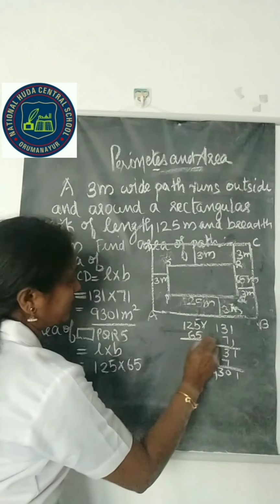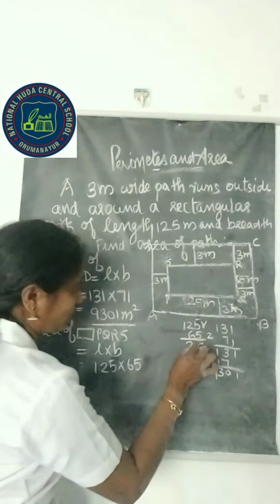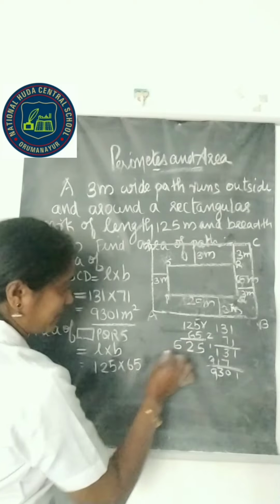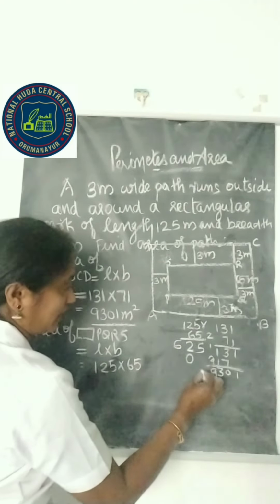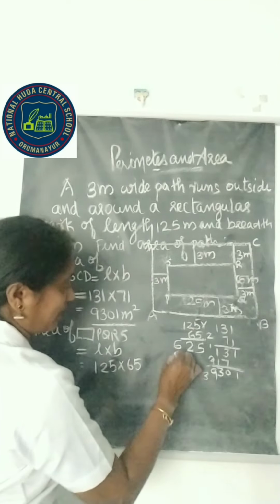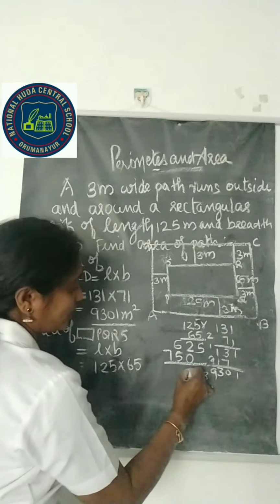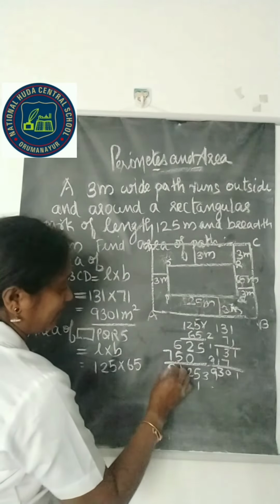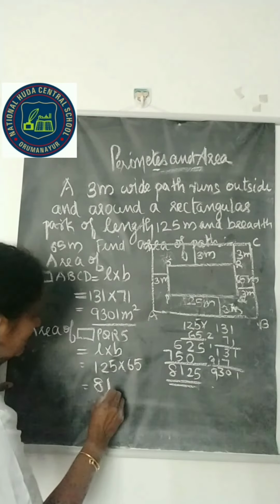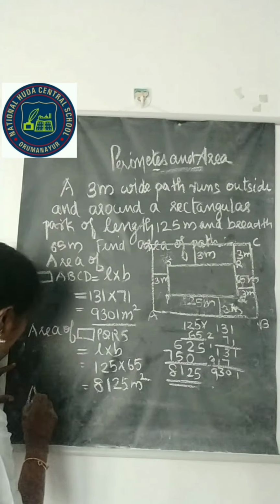So when we multiply, we get the answer 8,125 meters square.